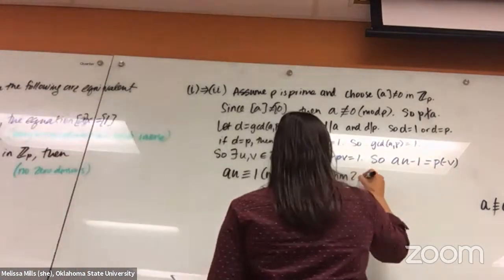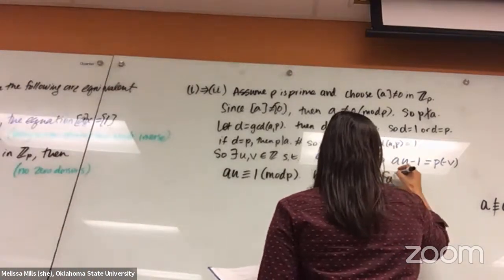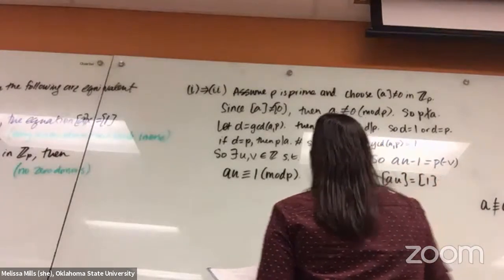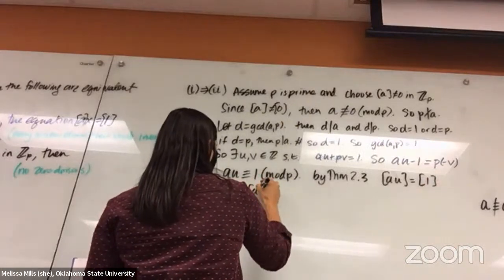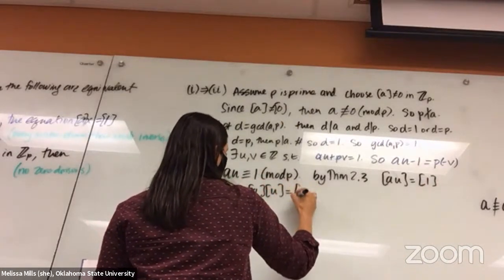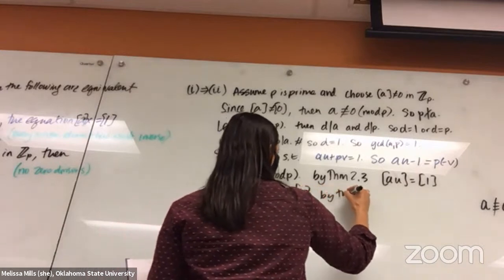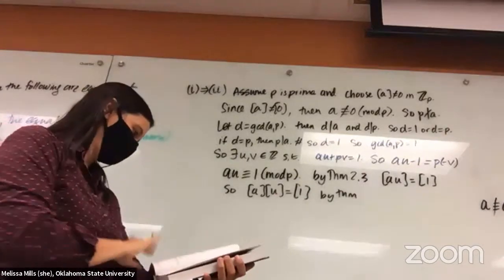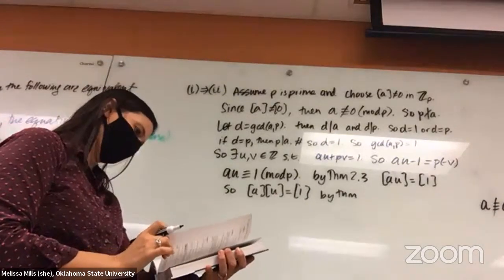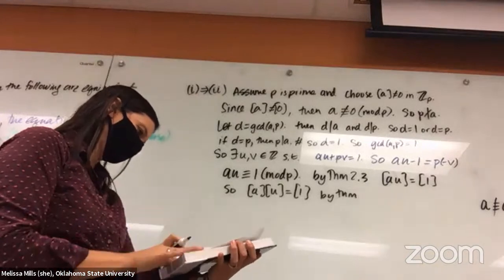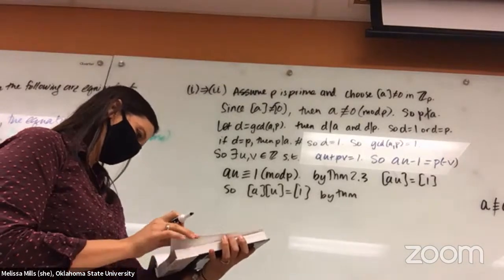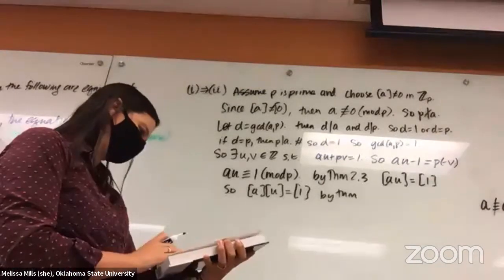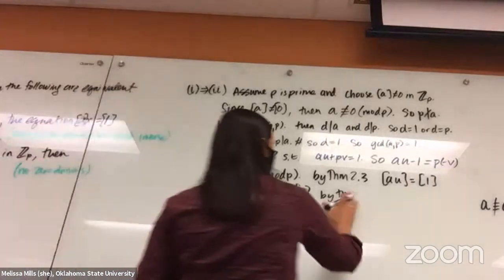By theorem 2.3, we have that AU is congruent to 1. Oh, it's by definition.